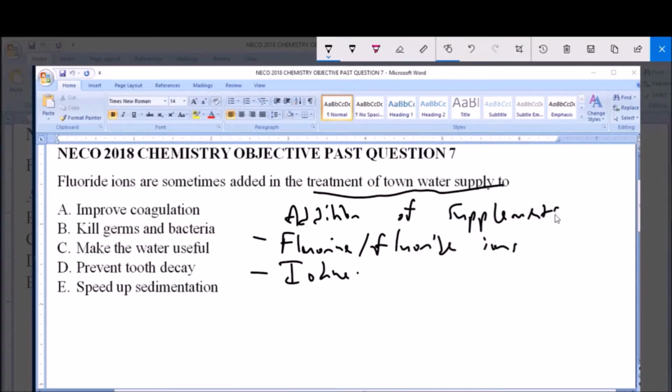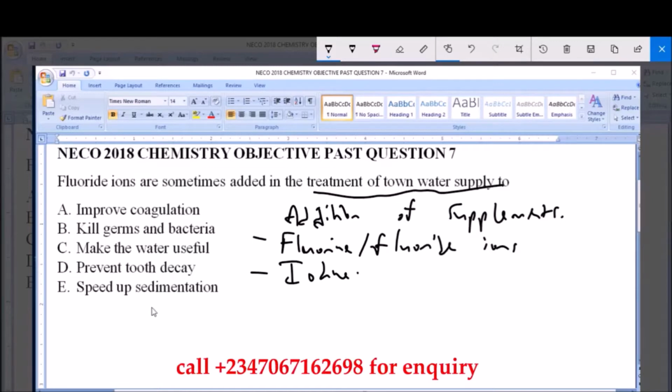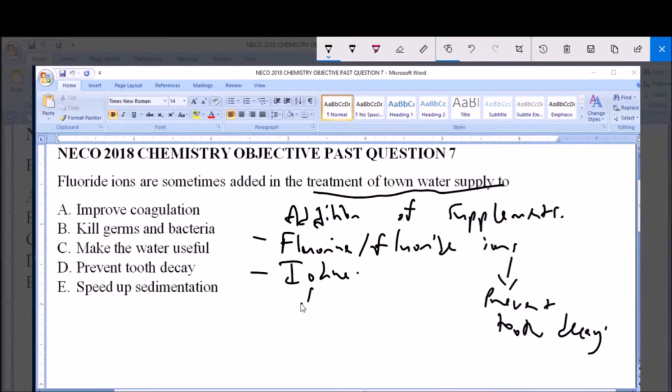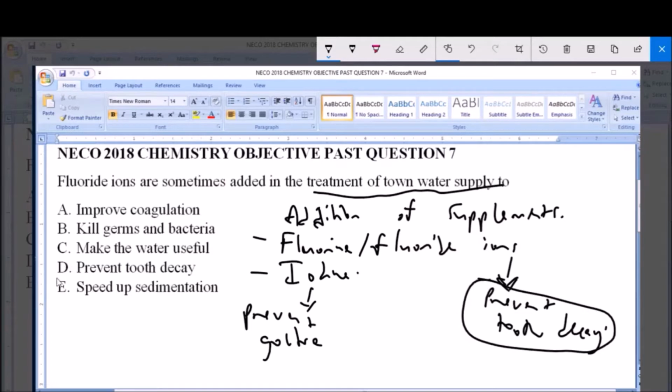These supplements are added for the various functions they perform in the human body. Fluorine or fluoride ions are added to prevent tooth decay, and iodine is added to prevent goiter. So fluoride ions are added to water being treated for town supply to prevent tooth decay, and prevent tooth decay is option D. So option D is the correct answer to this question.